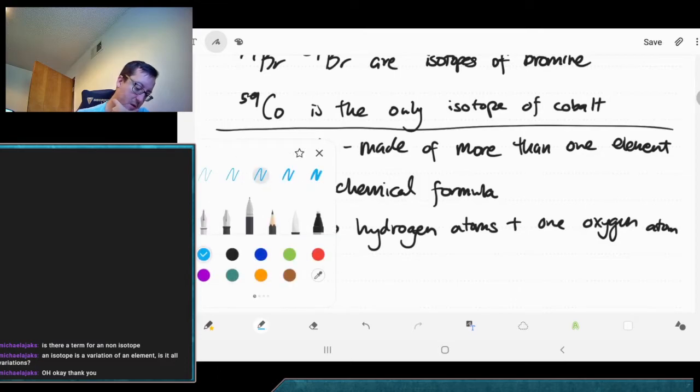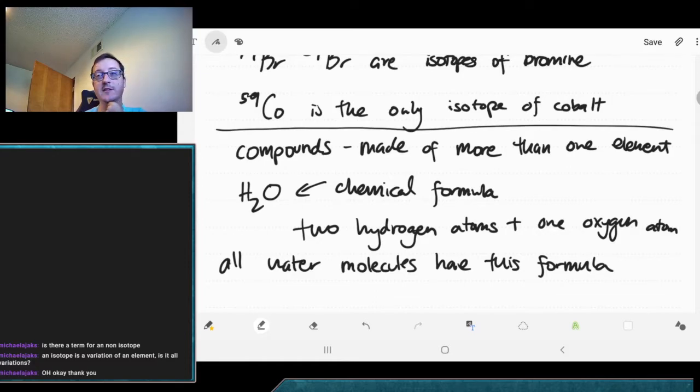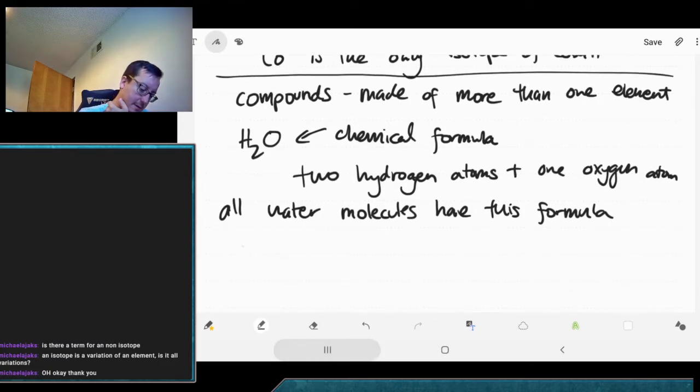We're going to see that all water molecules have this formula. So if we have a sample of water molecules, every single one of them is going to have 2 hydrogens and 1 oxygen. There's a fancy law for this, I think it's called the law of constant composition.